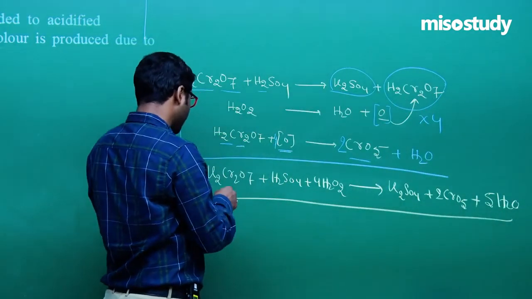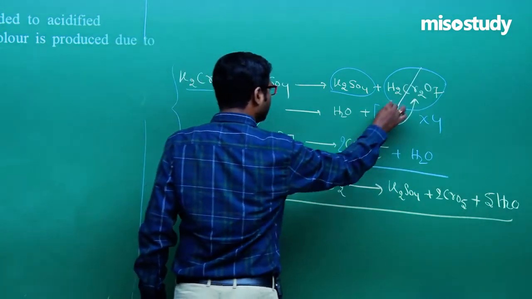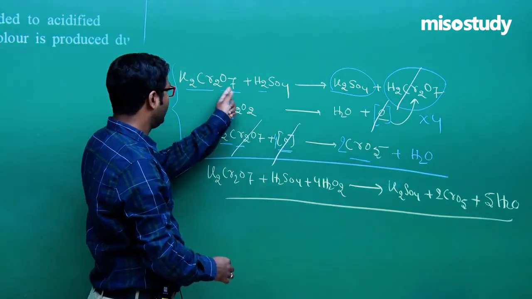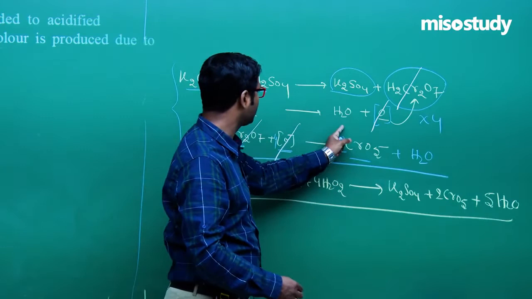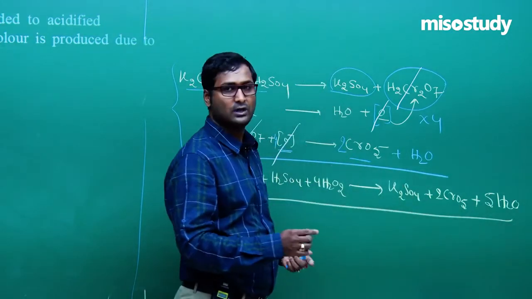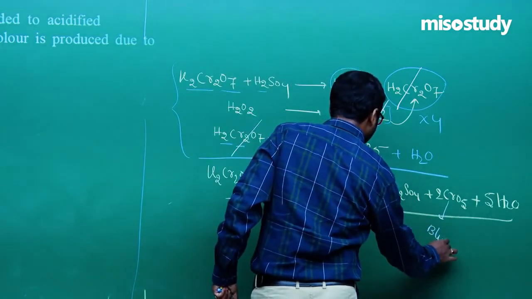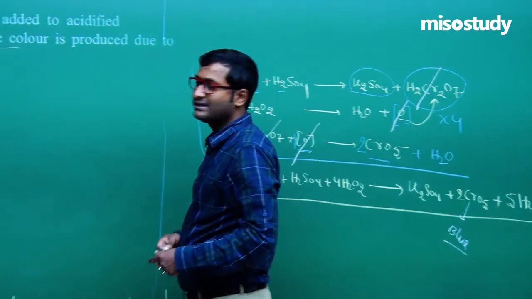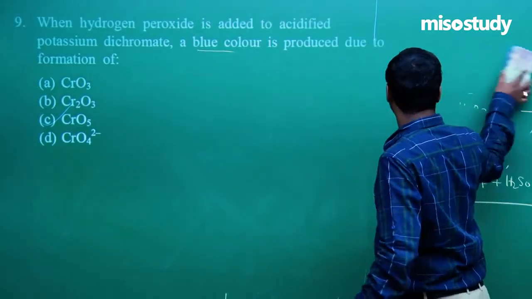This intermediate will cancel, this nascent and this nascent will cancel. Clear? 4H2O2, K2SO4 plus 4H2O plus H2O, 5H2O plus 2CrO5, and this one has blue color. Clear to you? So the option is CrO5. I think now you can easily solve such kind of questions.